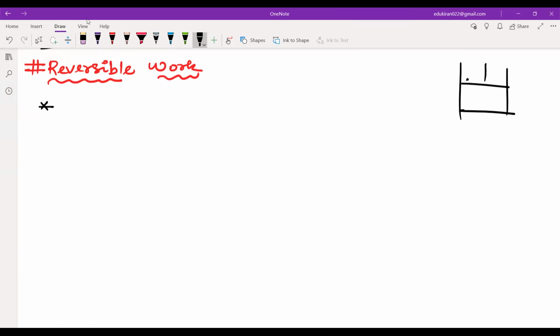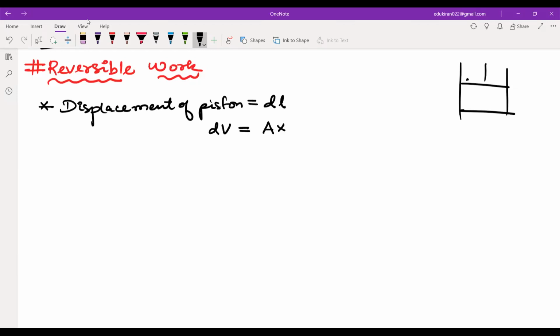Let us say that slight movement, the displacement of the piston, is equal to dl. The change in volume we will take as dV for each step, equal to the area times dl, because dl is the movement of the piston.